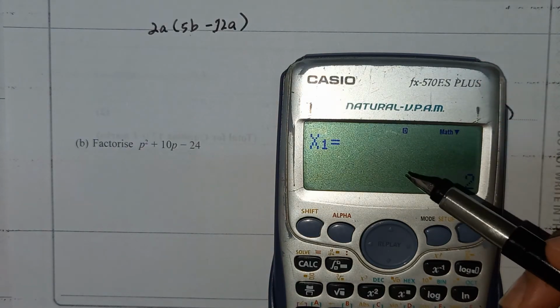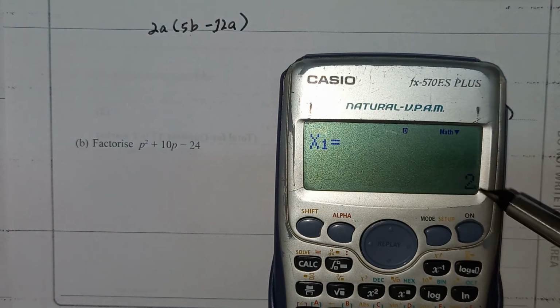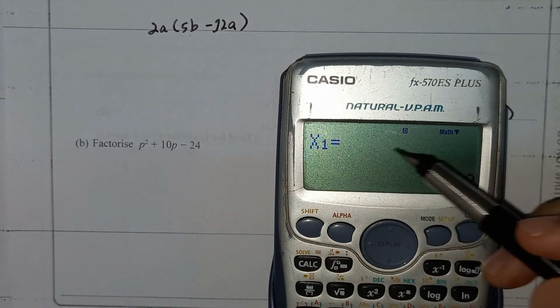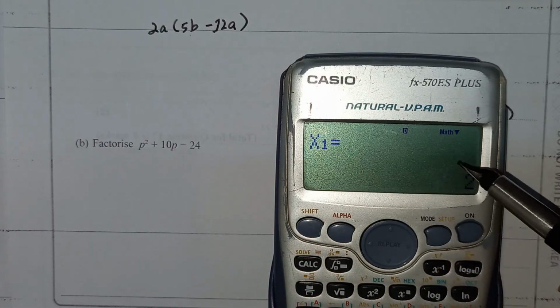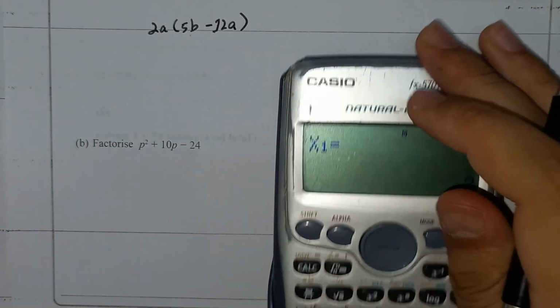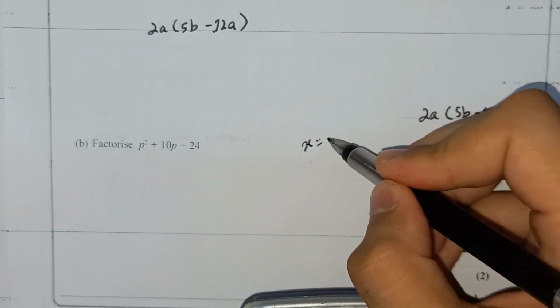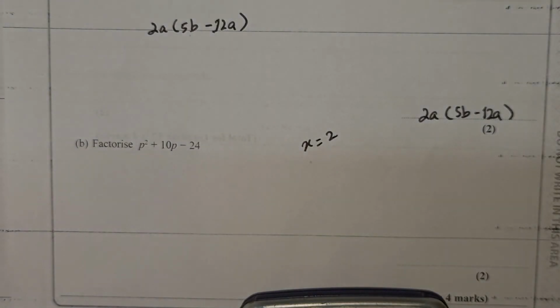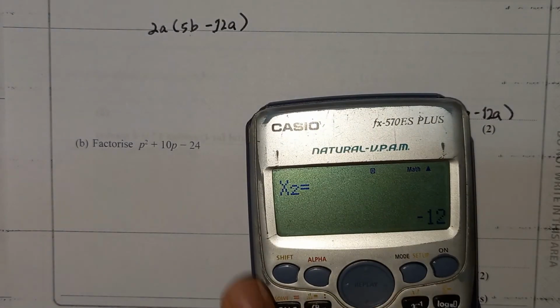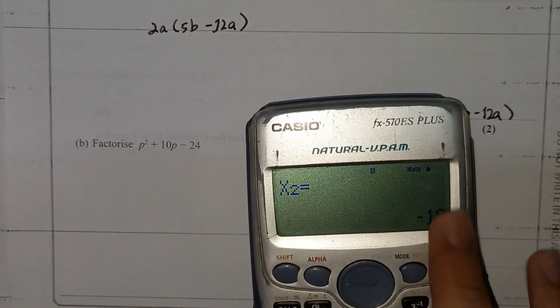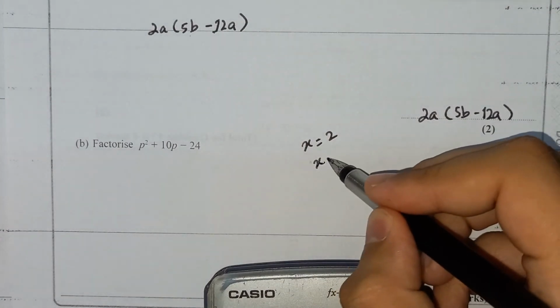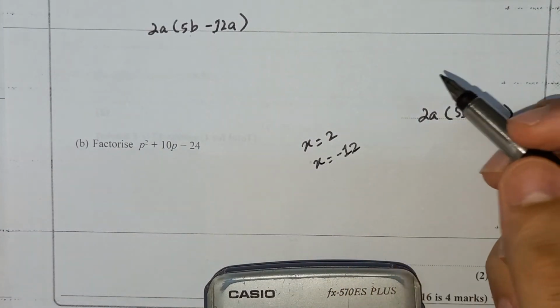It means x is equal to 2. So x is equal to 2 means x minus 2 is one factor. First we write x is equal to 2, and for the second, click equal once again, and you will get x equals minus 12.